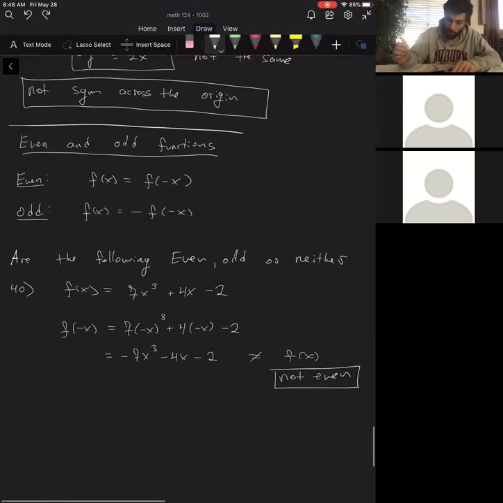So the last thing to calculate is minus f of minus x. We just found f of minus x. Now let's put a minus in front of it. So minus f of minus x is going to equal minus, and we'll plug f of minus x on the inside, which is this piece right here.